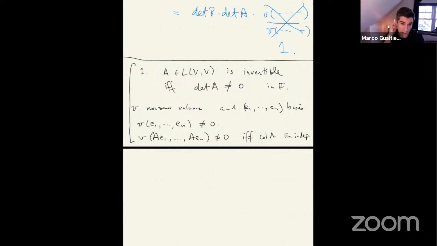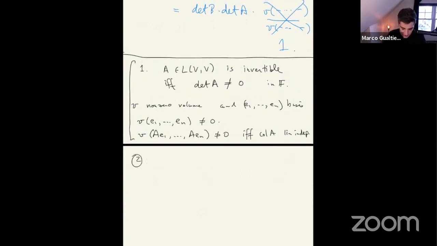If this operator kills volume, if it takes an n-dimensional thing and smashes it down to something of smaller dimension, because the range is too small, it's not the whole space, it's not surjective, then the determinant will detect that, and it will tell you that the volume is 0, and so therefore your matrix is not invertible.